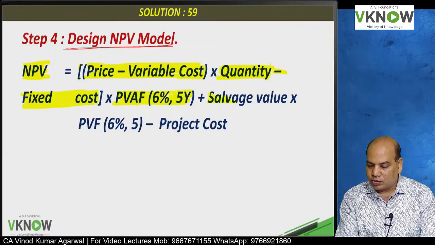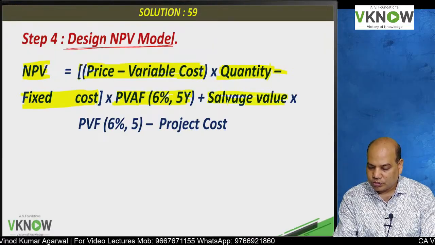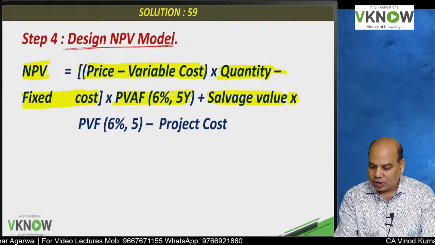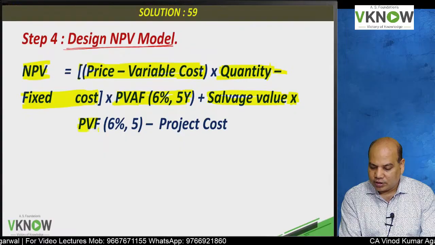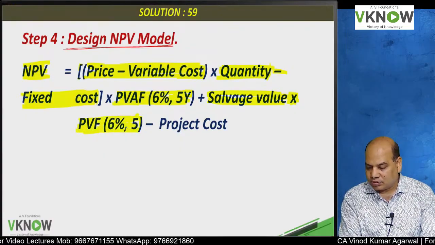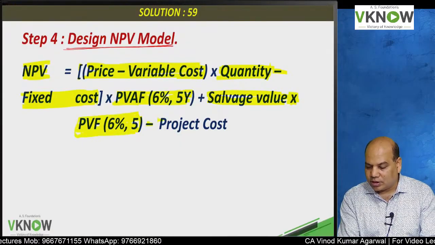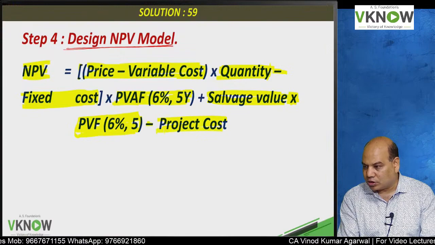And in this question you have salvage value also. Salvage value will be received in the 5th year. Salvage value into PV factor in bracket 6%, 5 year. Salvage value will be received at the end of 5th year, minus initial project cost.